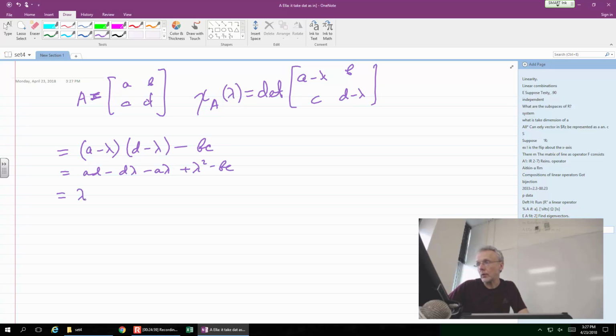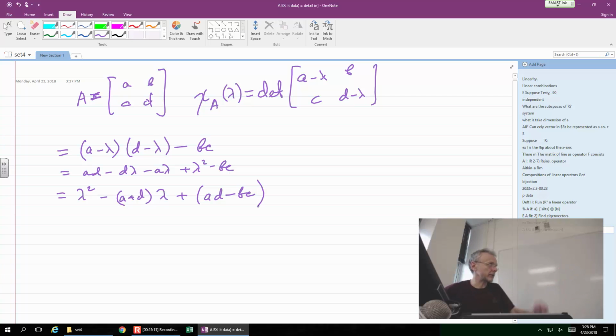Okay, so it will be lambda squared minus (A plus D) lambda. And what we're left with is plus AD minus BC. As you can see, the leading coefficient is 1, so that makes our life easier. The last term we should be able to recognize.